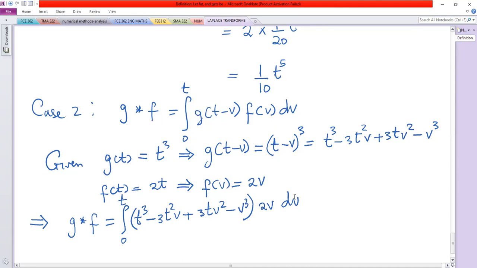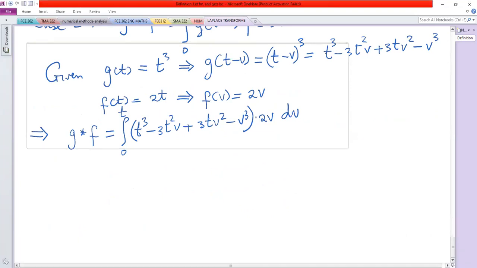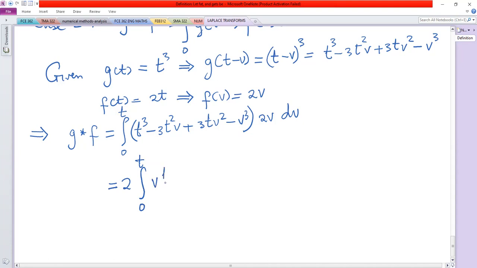Now, because this is a product, we can factor out the 2 because it is a constant, so it will be the same as 2 times the integral from 0 to t. So v multiplied by every term here will give v t power 3 minus 3t squared v squared plus 3t v power 3 minus v power 4. And then we carry out integration with respect to v.